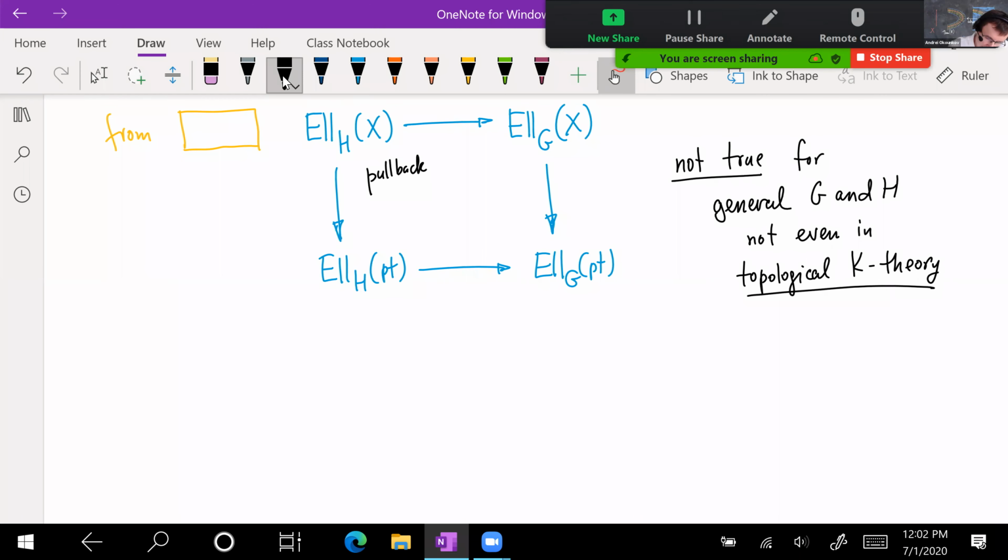Namely, if I take the K of GL2 equivariant case here of the simplest projective space, and this GL2 we will treat as H.